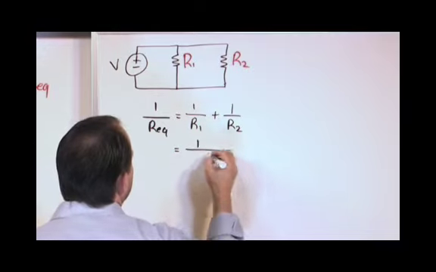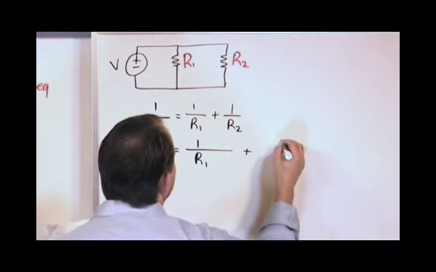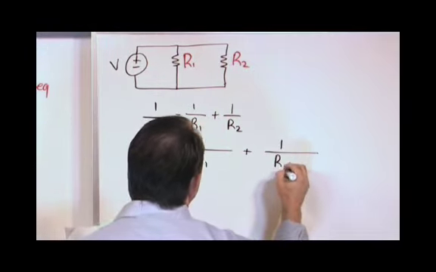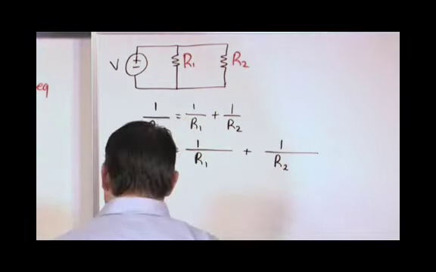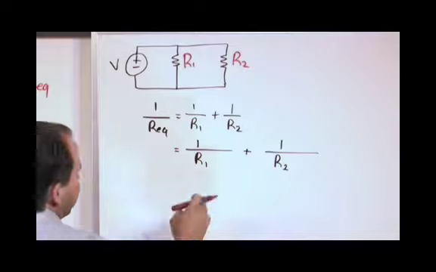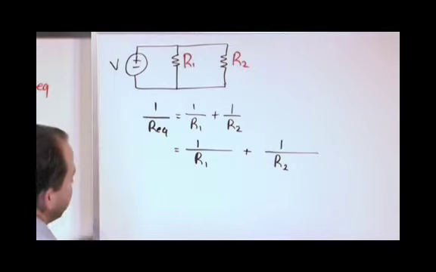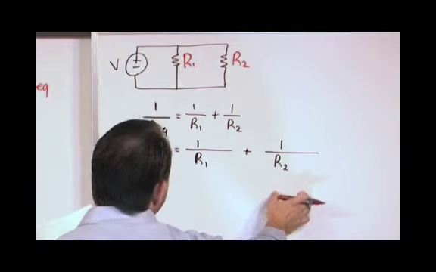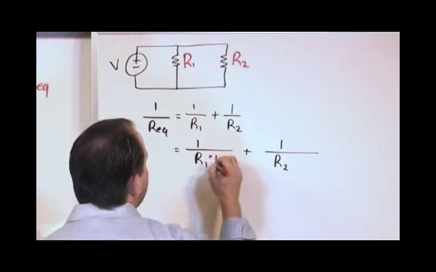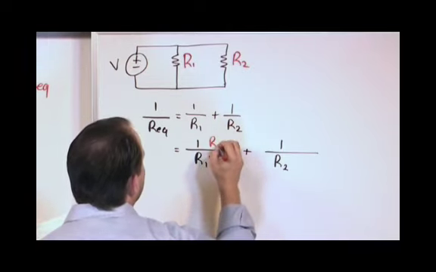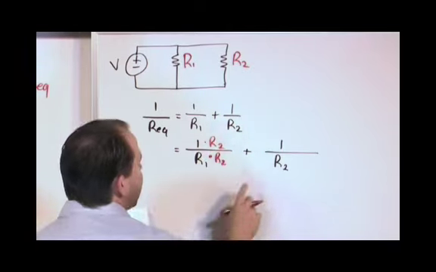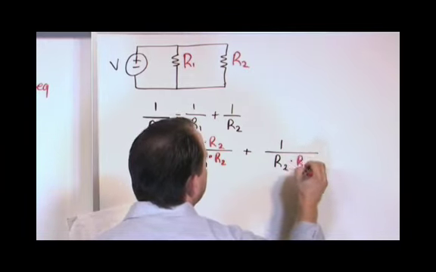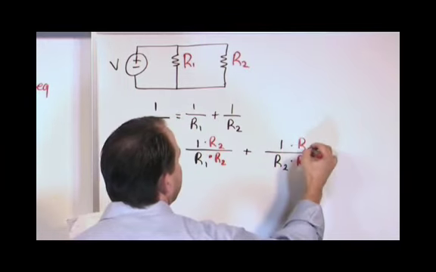1 over R1 plus 1 over R2. What if I wanted to combine those terms? It's fairly easy to do because I have 2 terms here. I would have to find a common denominator, right? Because these are 2 fractions. So I can multiply this fraction by R2 over R2, and I can multiply this fraction by R1 over R1, right?